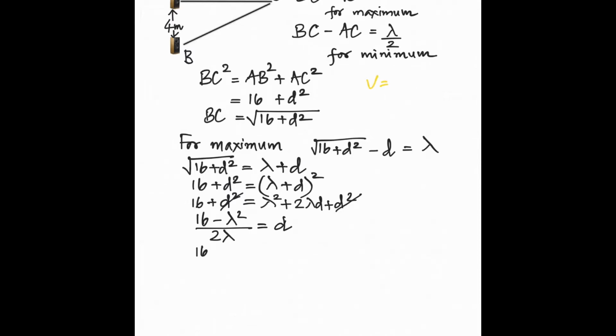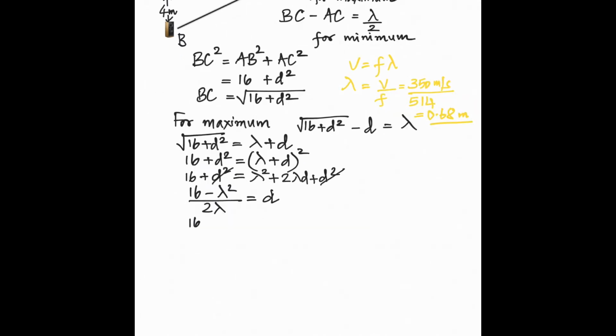Now lambda is found from the formula, velocity is f lambda, where f is the frequency which is given. So lambda is velocity divided by frequency. I'm assuming the velocity to be 350 meters per second, which will be given, and the frequency is 514, so you get 0.68 meter.